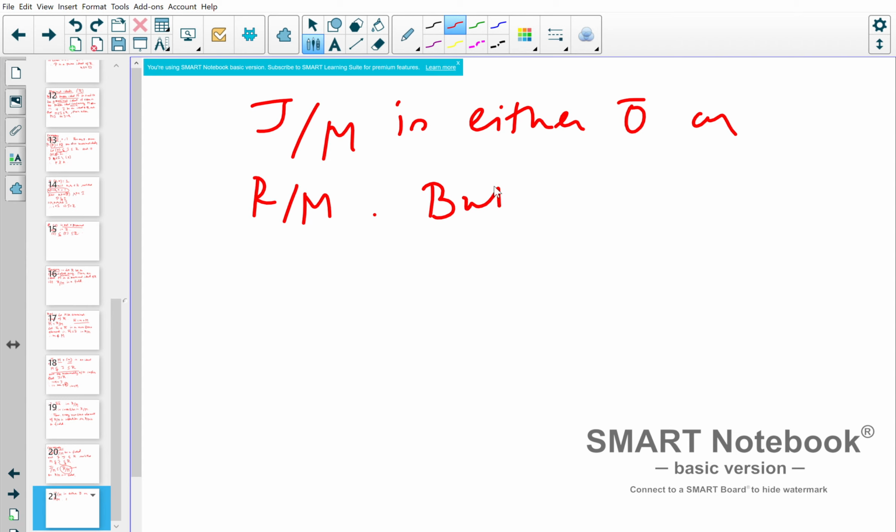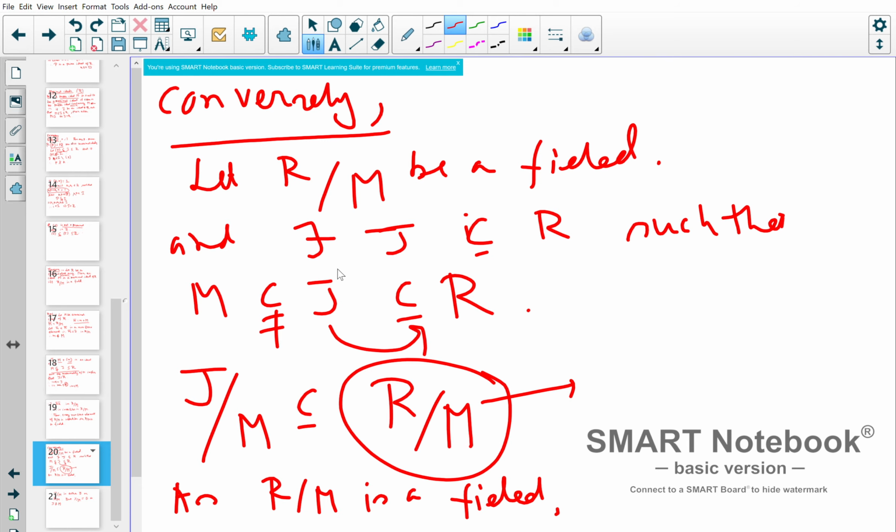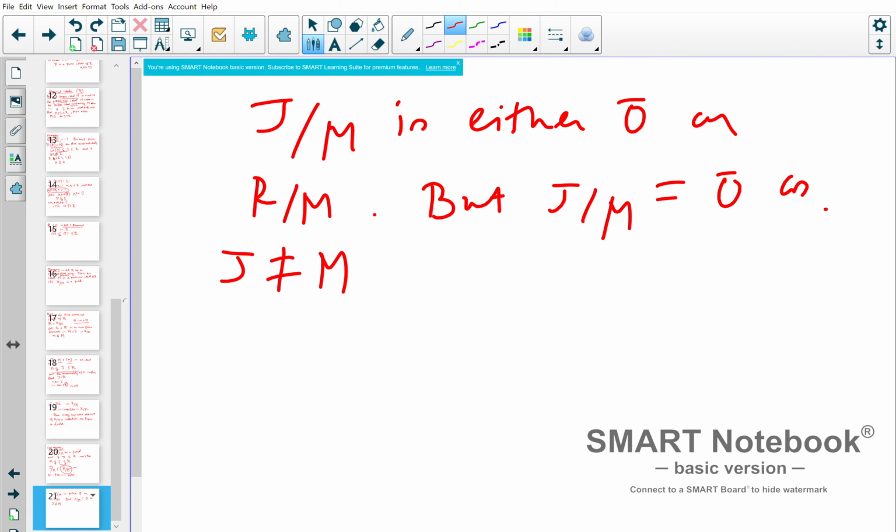But J mod M cannot be zero bar, right? As J is not equal to M, because I assumed that J properly contains M. So what does that mean?